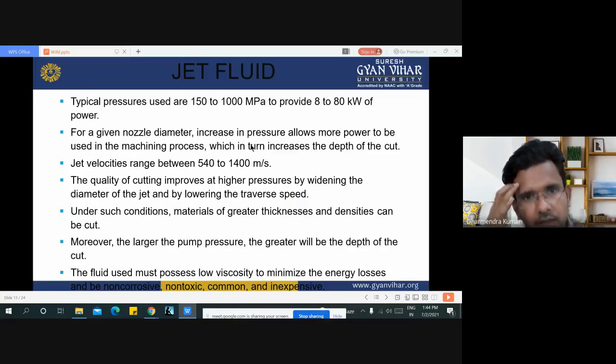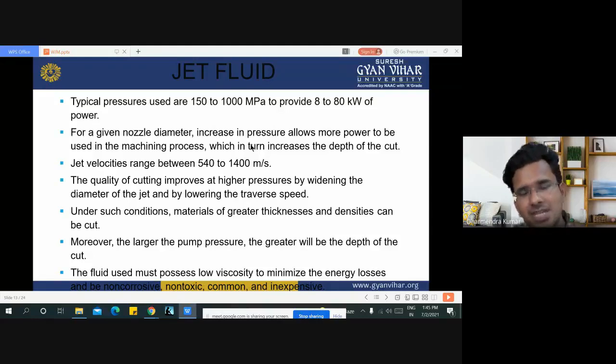Typical pressure we are using is 152 to 1,000 megapascal to provide 8 to 80 kilowatt of power. For a given nozzle diameter, an increase in pressure allows more power to be used in the machining process, which in turn increases the depth of cut.